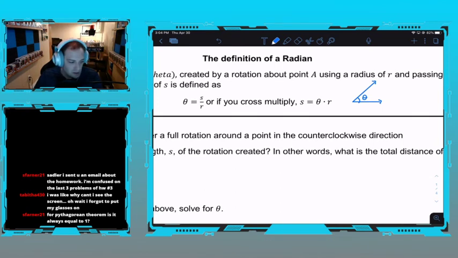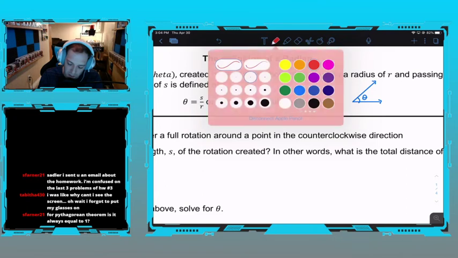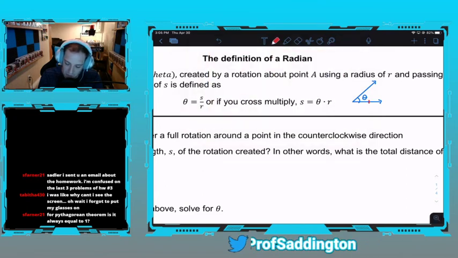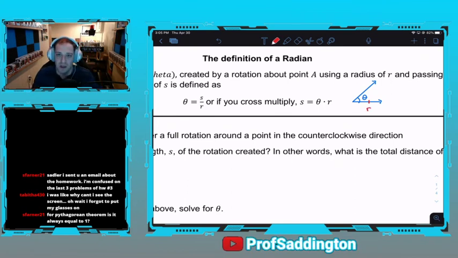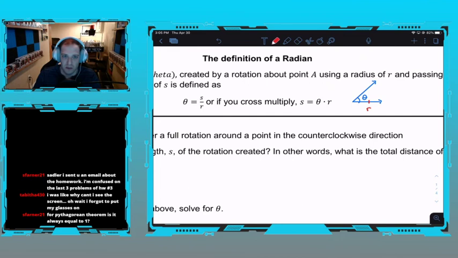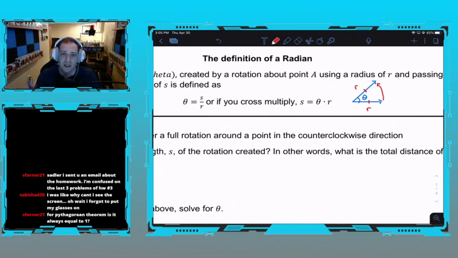So that angle is going to be theta. This part down here, because we're talking about a rotation, is going to be the radius. We don't know how long the radius is because it's not given to us, so I'm just going to leave it as r. If you rotate this line around to that terminating angle, this line is going to be exactly the same as down there. It's still going to be the radius because the size of the line doesn't change when you rotate.